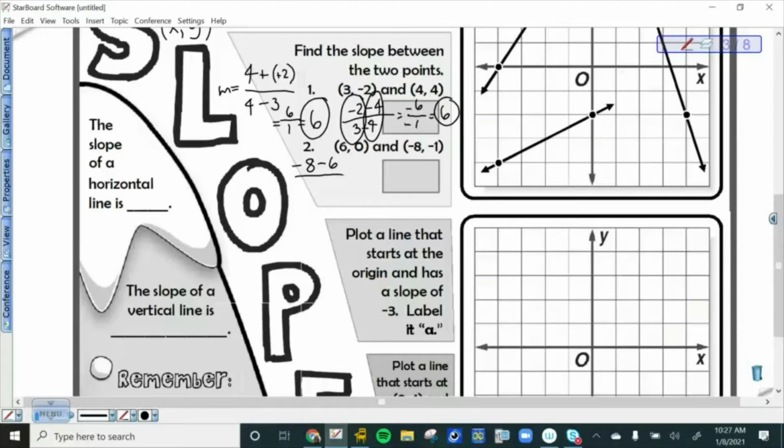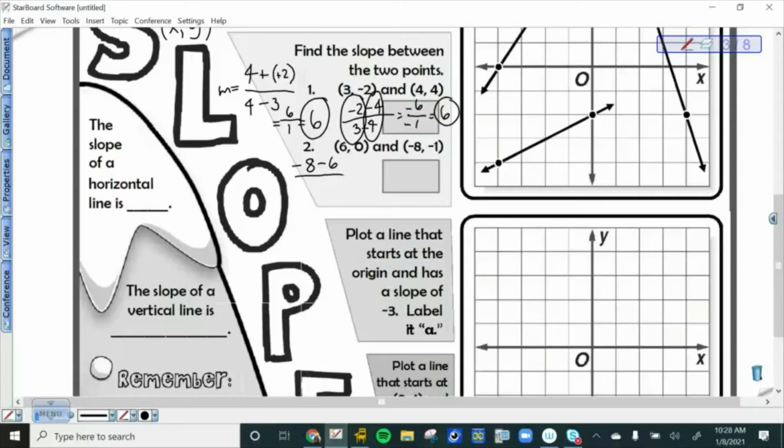What order do I have to subtract those in now? Oh wait, -1 goes first. Yeah, I have to do -1 minus 0 because I did -8 minus 6. So I started with this point and then I went to this point.